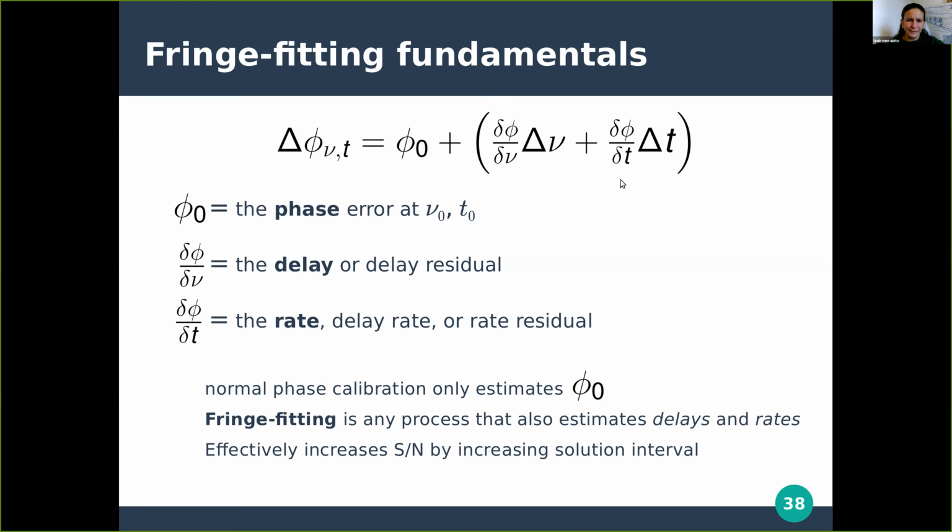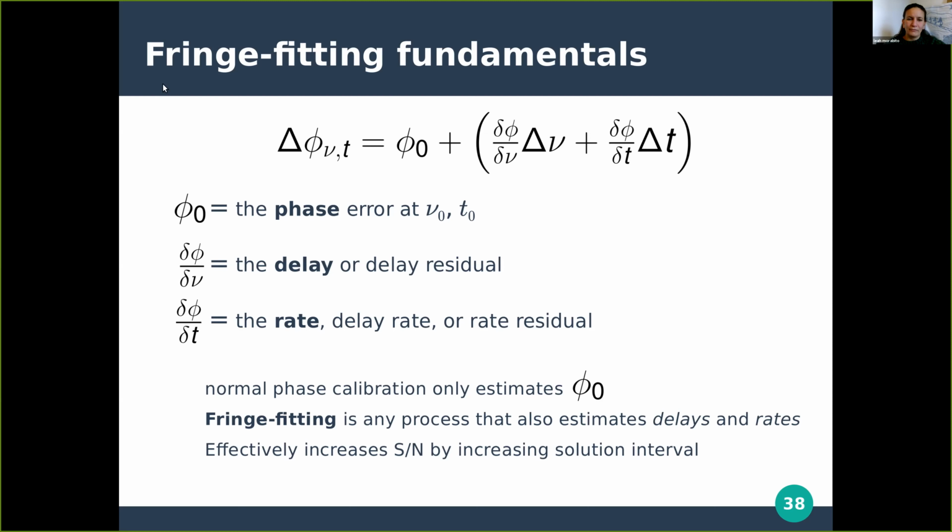So in normal phase calibration, we say essentially that our error in phase is just this first term, the phase error at particular frequency and time. Fringe fitting is any process that also estimates the delays and rates.